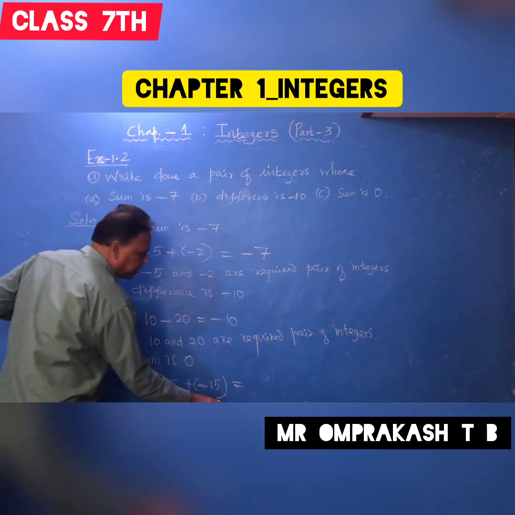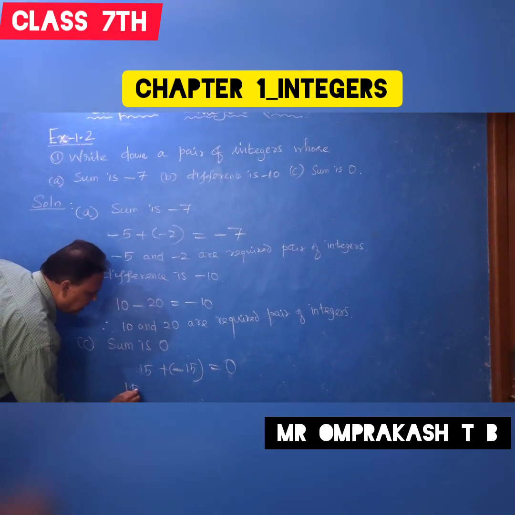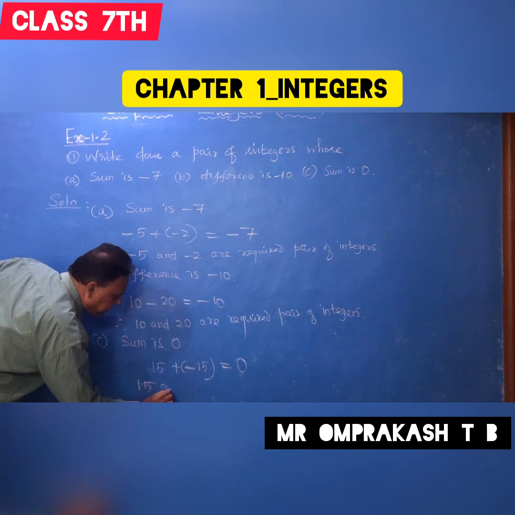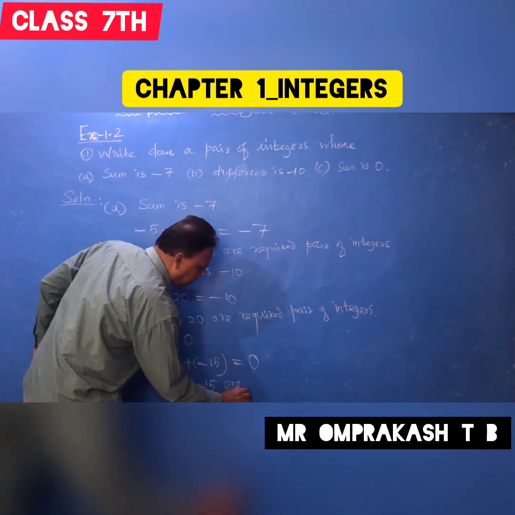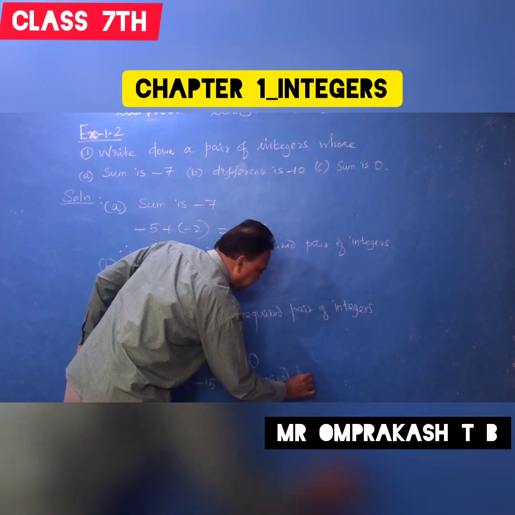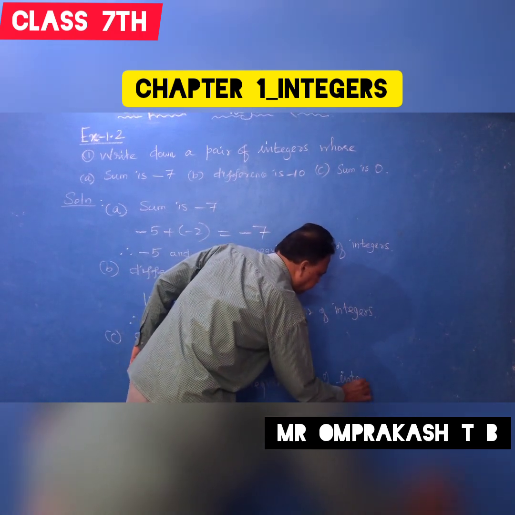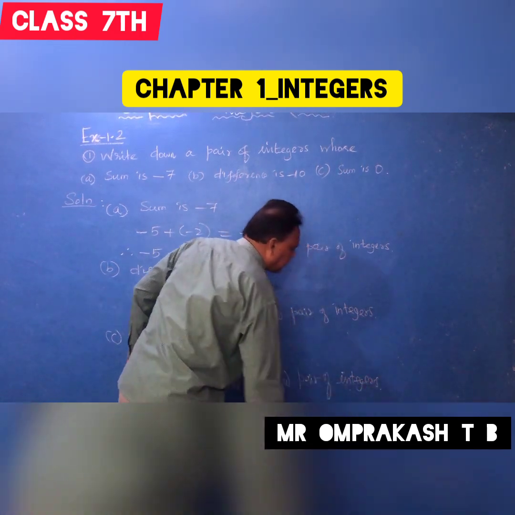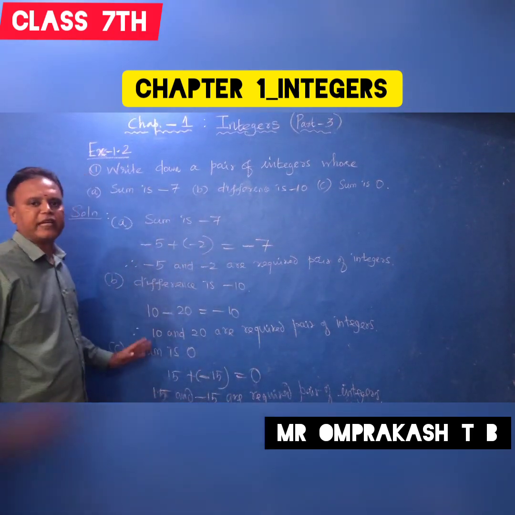So 15 minus 15 is 0. Clear? Therefore, 15 and minus 15 are the required pair of integers. So like this you can easily do this problem.